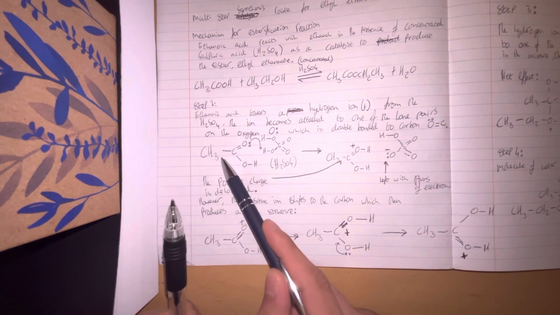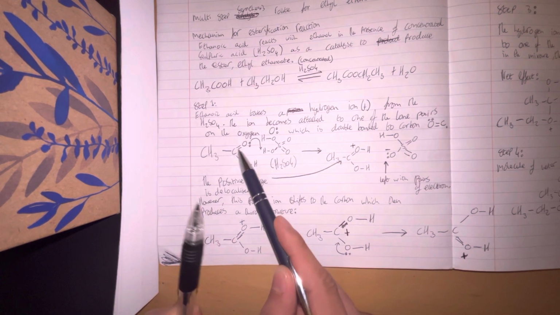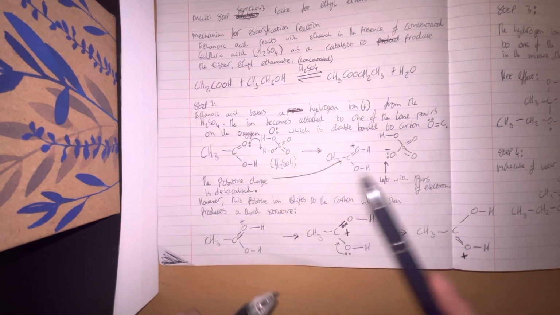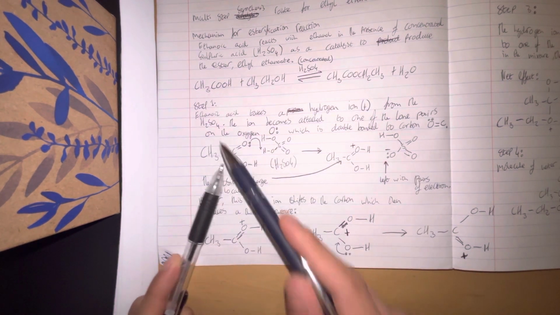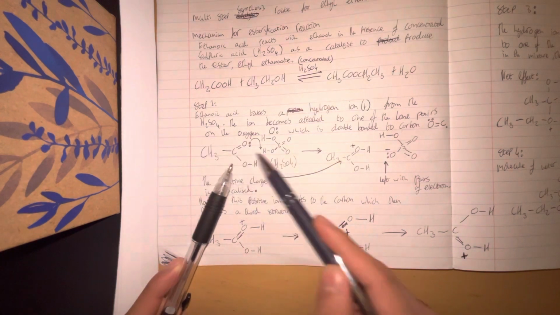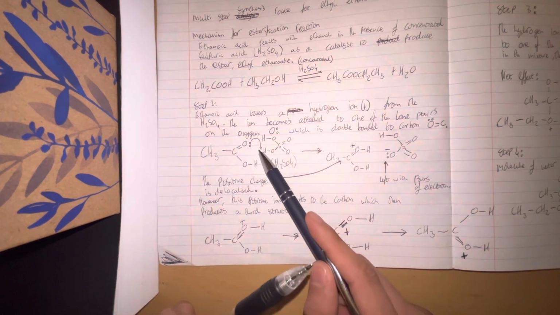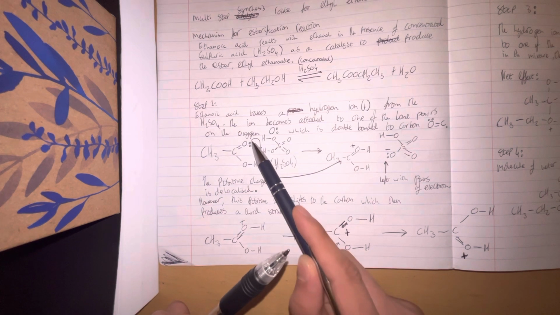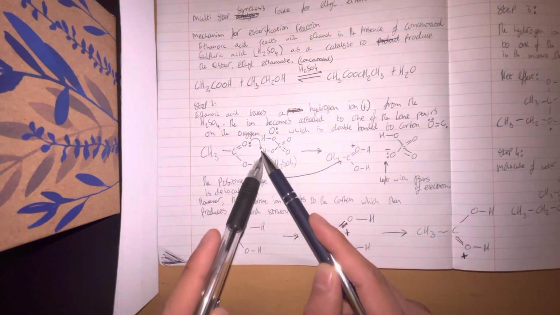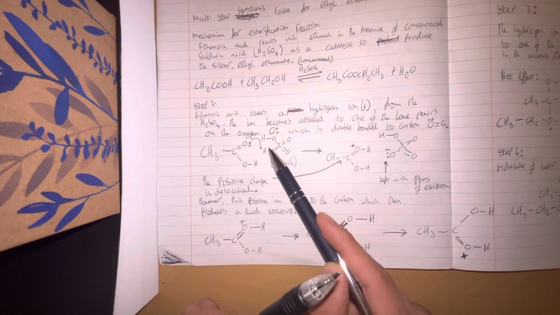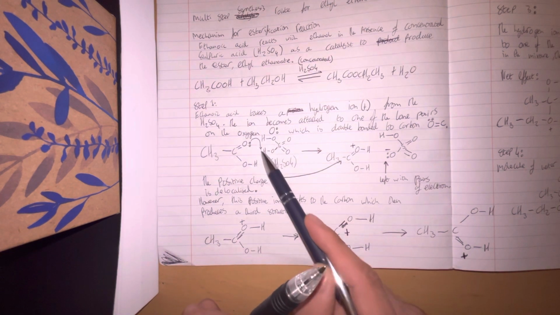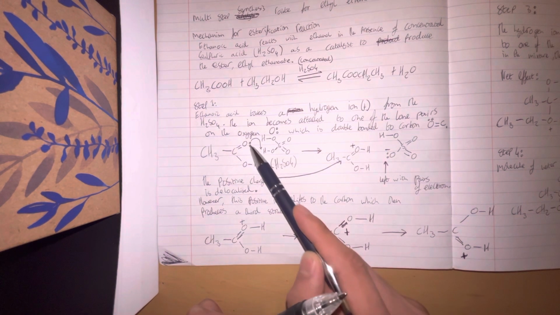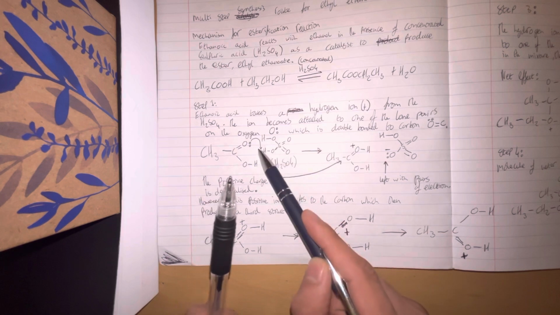Here we have CH3, carbon double bonded with oxygen. This is the structure of ethanoic acid, then giving its electron to hydrogen here, taking the positive proton.